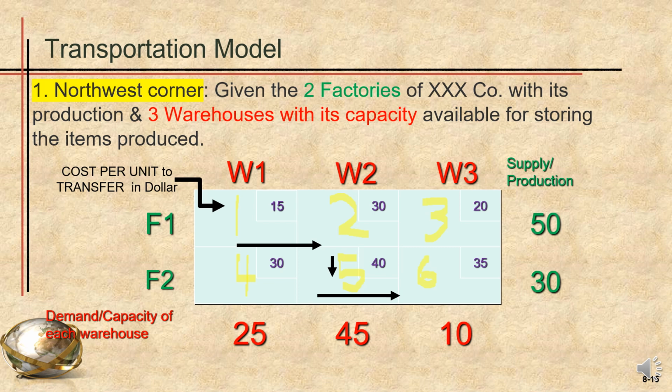And then once all the warehouses there are done, only then do we go down again to factory number 3. So our movement will be horizontal, then we move down, then horizontal again, then we move down. That is what we call the northwest corner approach. Those are the cell numbers we will follow in assigning the number of units.